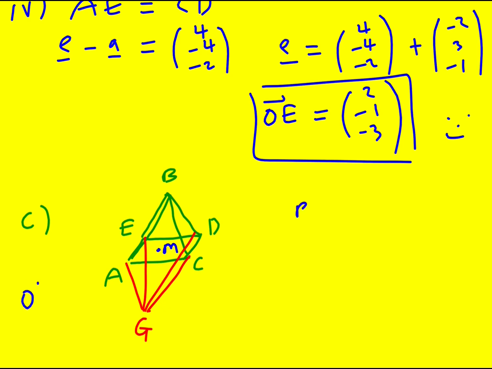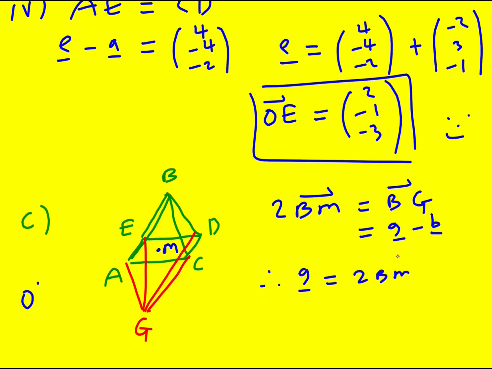Well, I've got BM that I can maybe use, and two lots of that is going to equal BG, which is G minus B. And therefore G, the position vector, is going to be 2BM plus B. That's it. Essentially, I'm getting from O to B, and then I'm going along two lots.